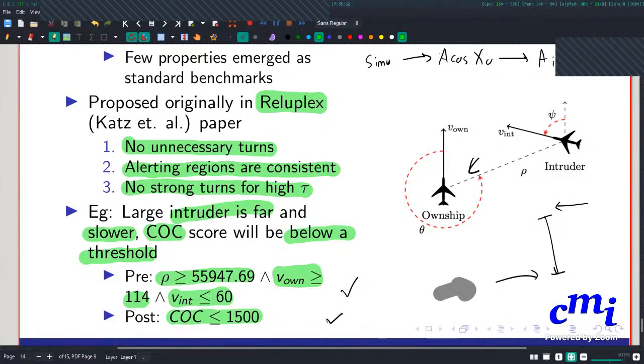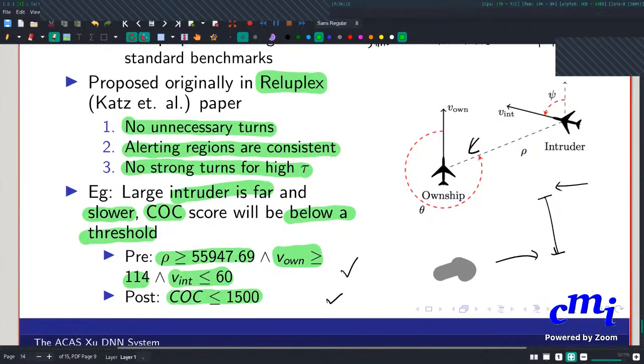The precise values of the precondition are motivated by actual real life data from how planes fly and what the speeds and distances of planes usually are and so on. Whereas this threshold for the clear of conflict value is based on what sort of values appear in the lookup table, and that is dependent again on the training process and so on, right? So the actual values don't matter. They're listed there in the paper, but the properties are of this kind. So is this clear?